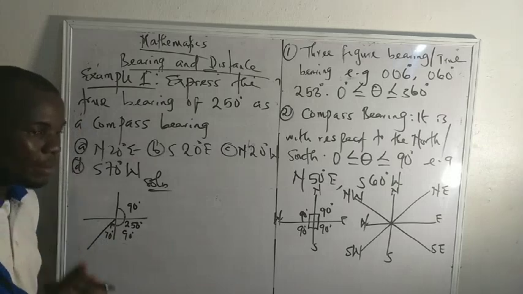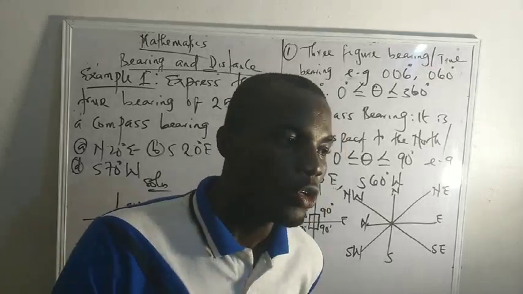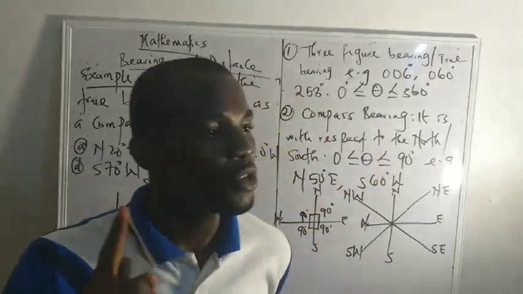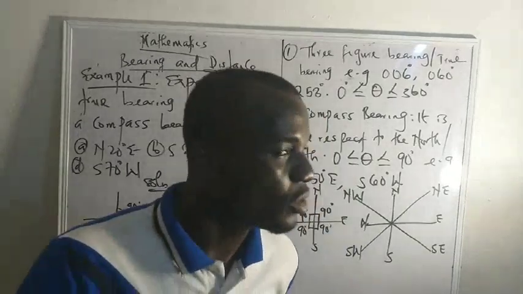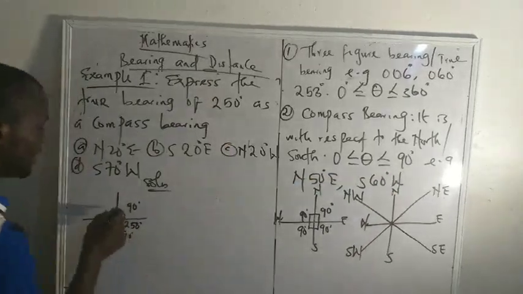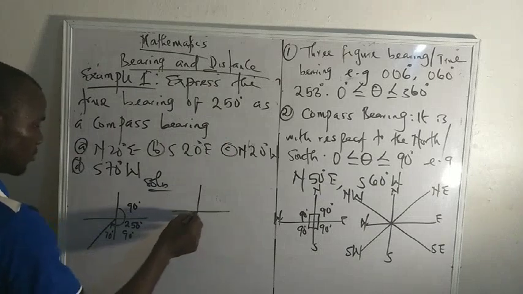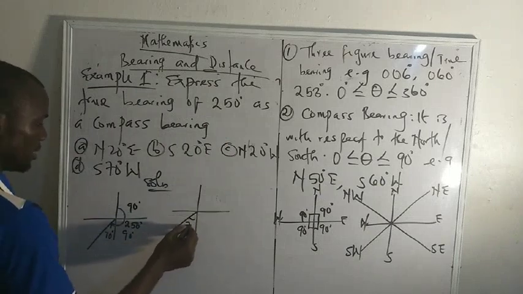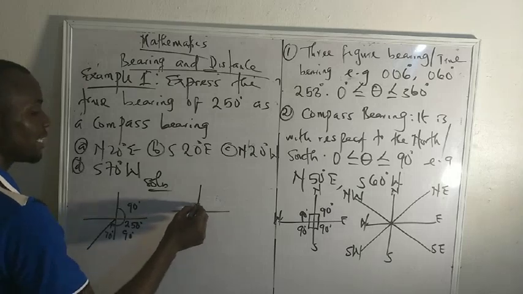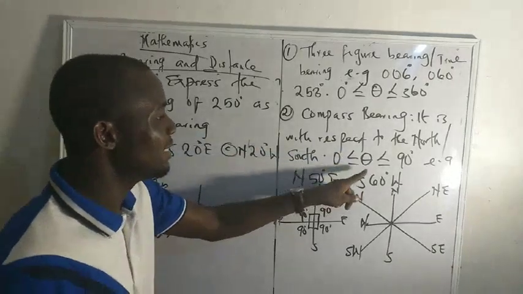Now, remember, when you are taking the compass bearing, you always take it with respect to the north or the south, and the angle is between 0 and 90. So I can't take this 70 degree from here with respect to the north because it already exceeds 90 degree.